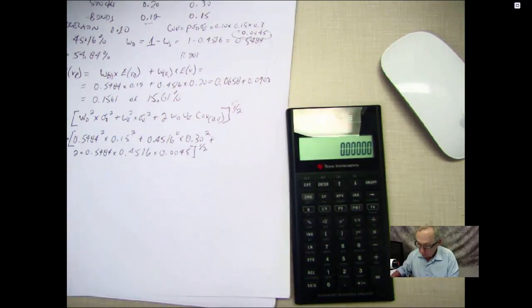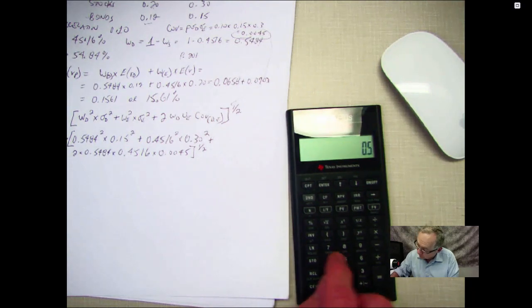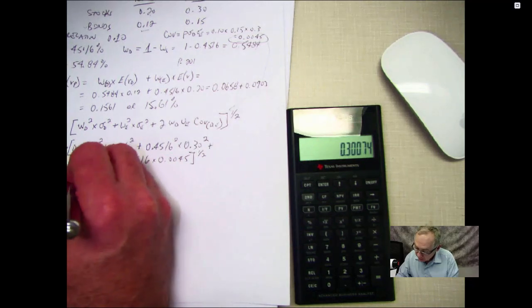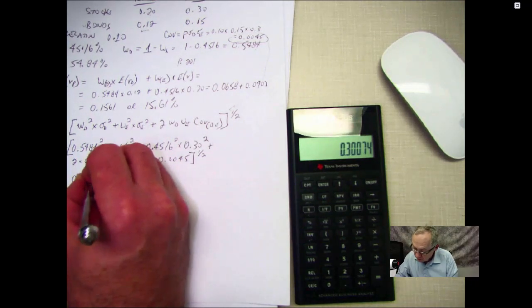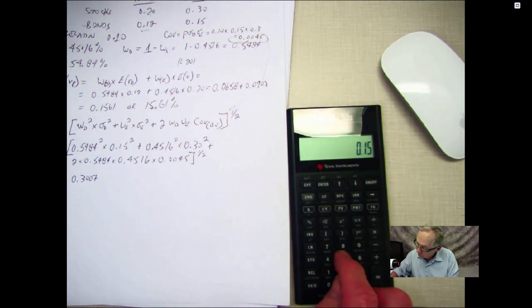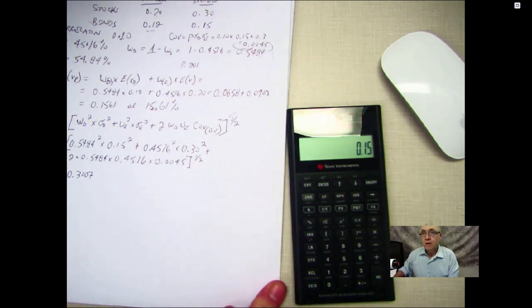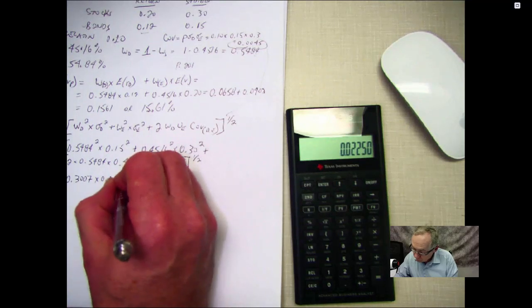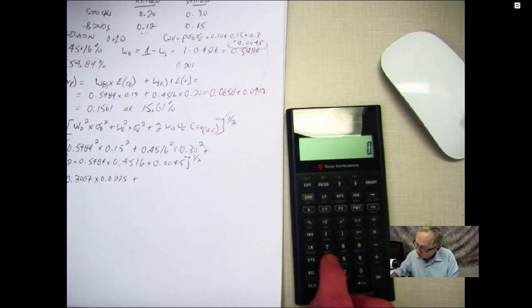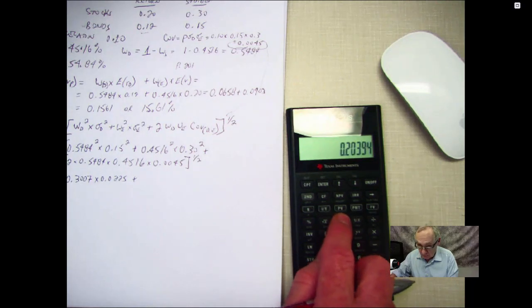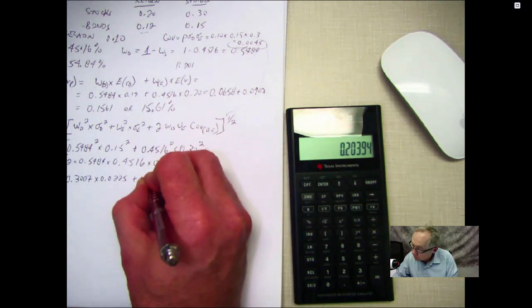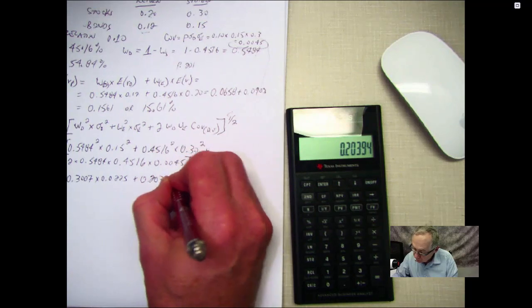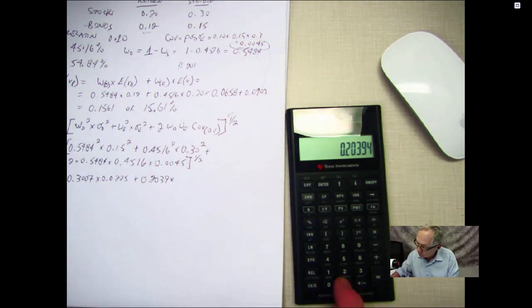You can see this. 0.5484 squared is 0.3007. 0.15 squared, we remember, is 0.0225. 0.4516 squared is 0.2039, and 0.3 squared is 0.09.